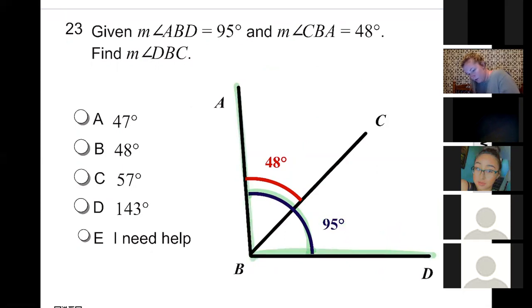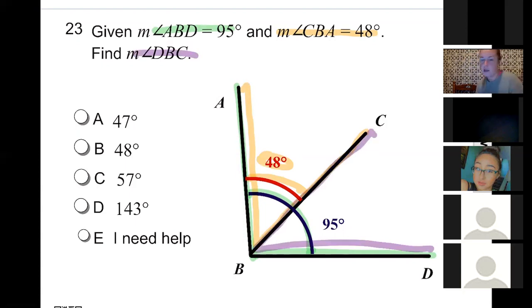So we know that this is 95. Continuing on with this, we have CBA right here. And we know that that is 48. And then lastly, they want us to find DBC. So they're giving us the entire thing and a little piece, and we have to find what is left over. So we don't know what's in purple.